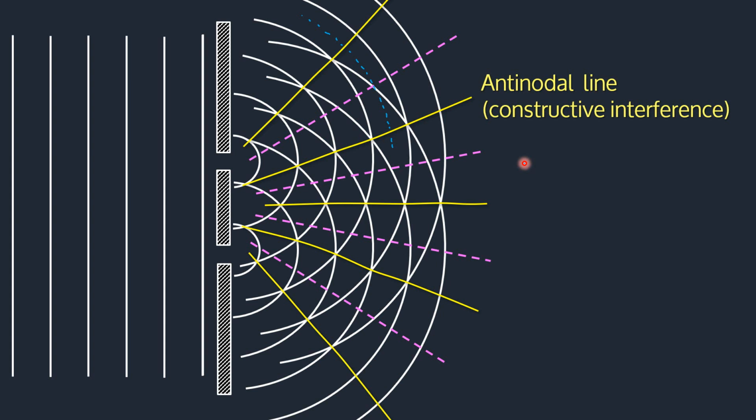And those lines are called, can you guess the answer? This was antinodal, and this line was called an antinodal line. What about this one? Don't call it antinodal. This one is called a nodal line.